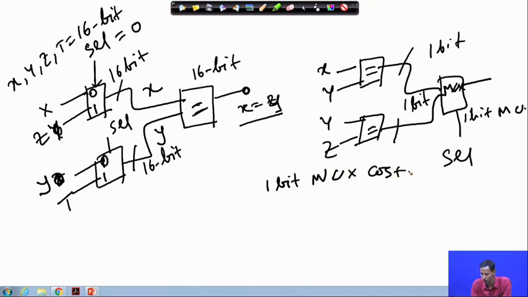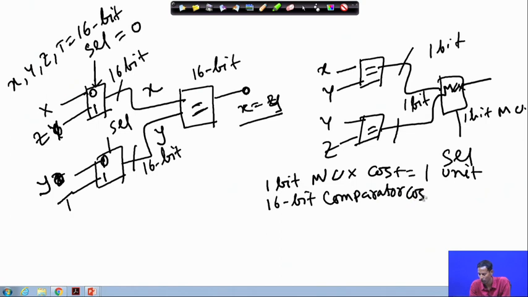Let us consider the 1 bit mux cost as 1 unit, and the 16 bit comparator cost as, let us say, 10 units.